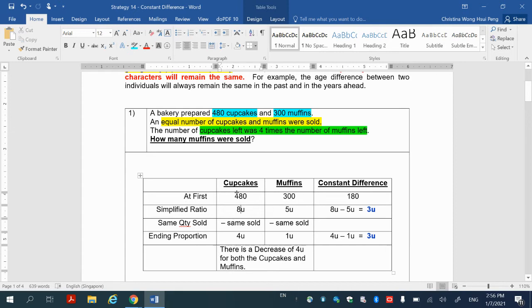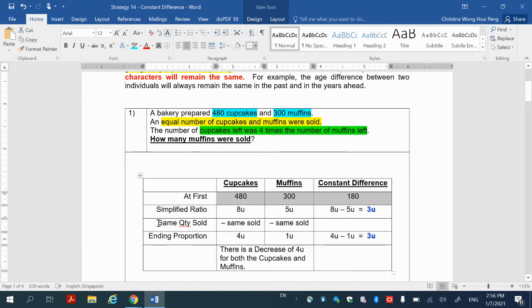If I have 480 and 300, I can simplify these two numbers to the simplest form, which is 8 is to 5, or 8 units is to 5 units, which also means that the difference between 8 units and 5 units is 3 units. And that is due to a difference of 480 minus 300, which gets us 180.